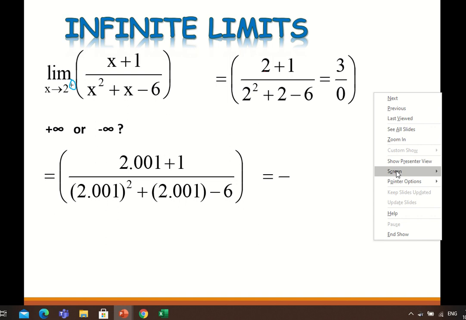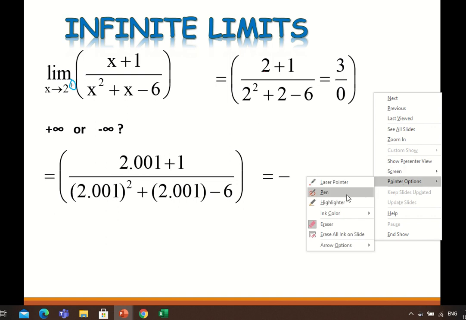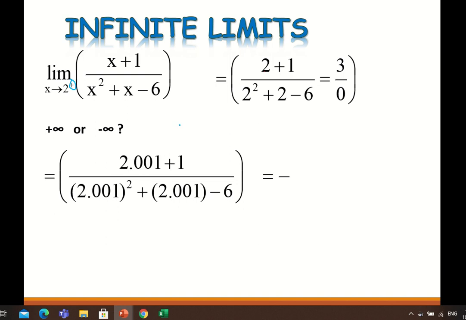Okay, I will redraw this number line. So we have here the number line: 0, 1, 2, 3, 4, and so on and so forth.